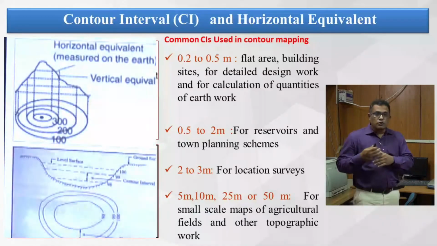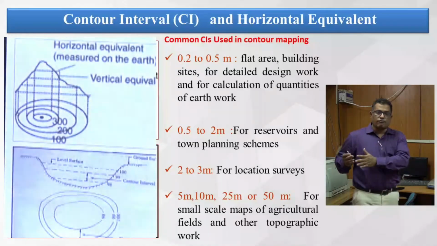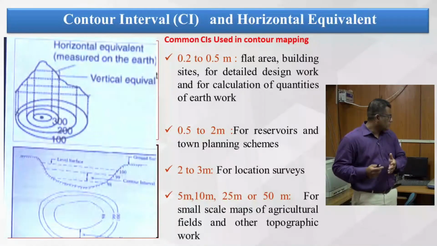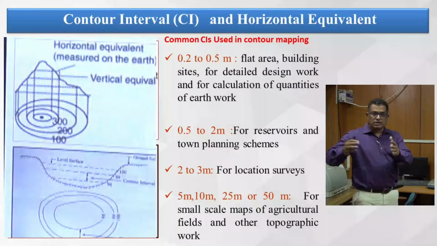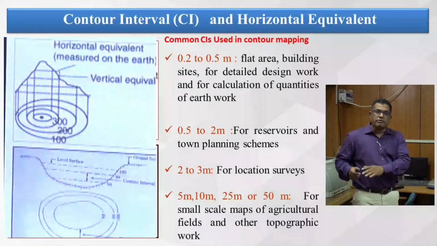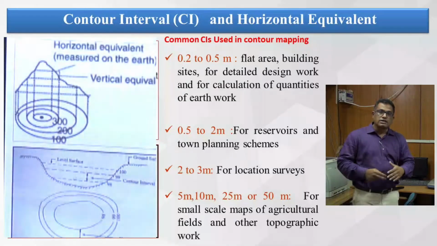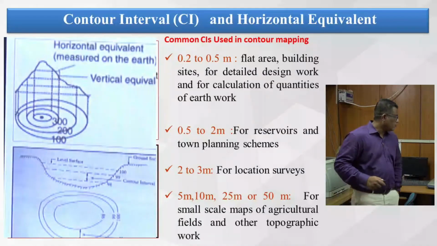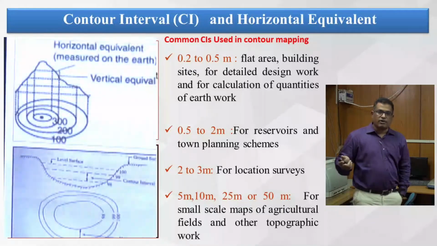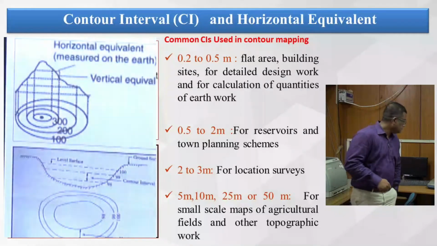The commonly used contour intervals are 0.2 to 0.5 meters for very small, precise leveling work, like that of a building or an estate. It can be 0.5 to 2 meters for town planning or reservoir planning. It could be 5, 10, 20 or 50 meters for large scale surveying, like that of a topographic survey. For agriculture field survey, it can be 5 meters or 10 meters.